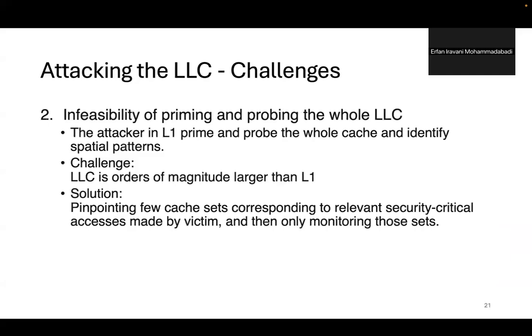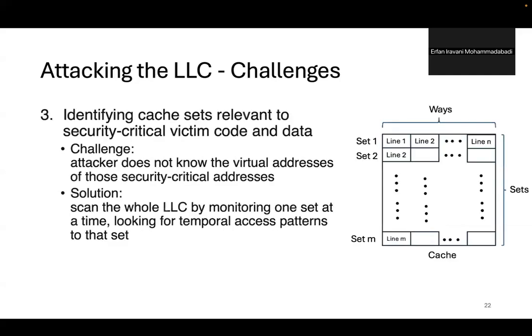The next challenge is that we cannot prime and probe the whole LLC since it is orders of magnitude larger than L1. The solution is to find a few cache sets that correspond to the security critical accesses made by a victim and then only monitor those sets. But finding those sets is a challenge itself.